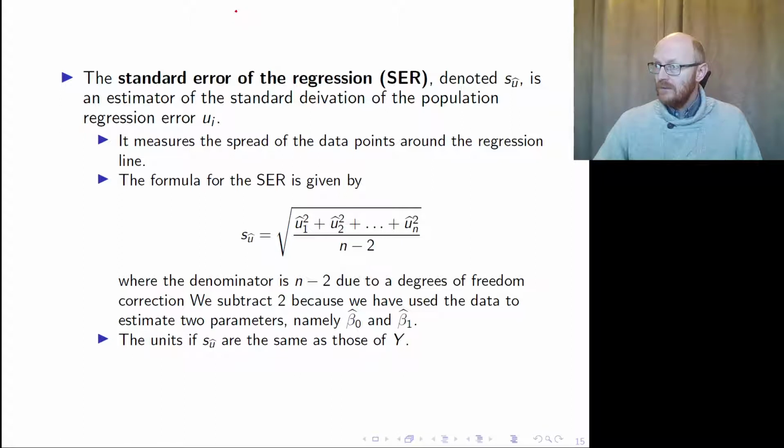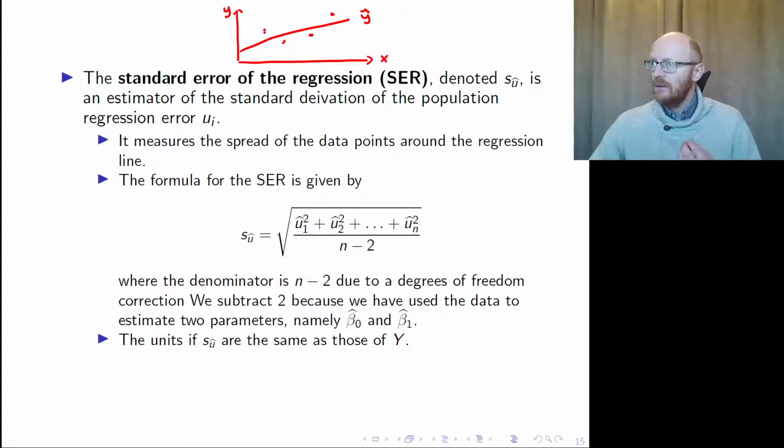So, you remember from our previous video that you have the fitted line, the y hat, and you have the actual observations, and then you would have the residuals here, which is the difference between the data point and the fitted line. So it's the data point minus the value of the fitted line.